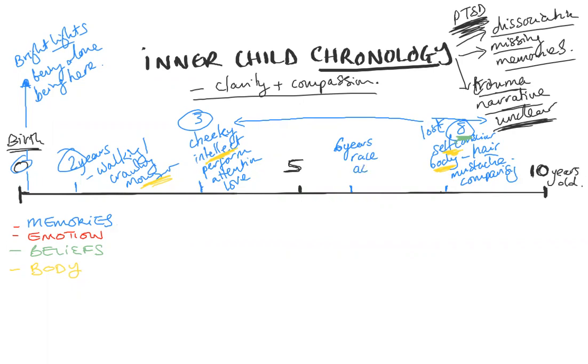So my body, then I had to have stitches and go to A&E, and I was very aware of the fact that I was upset and I was angry. So let's write down these emotions. I was angry. I was upset, not just because of the pain, but because I felt like my parents were the ones who were supposed to keep us safe.